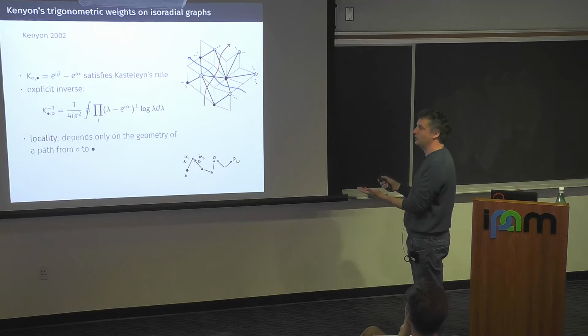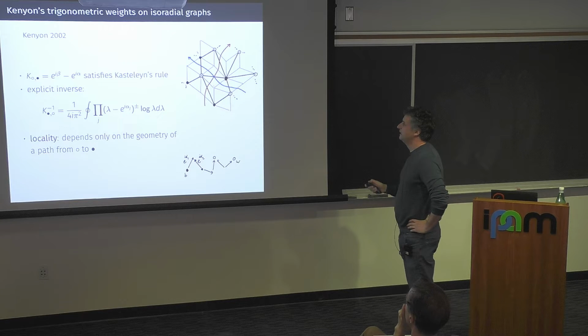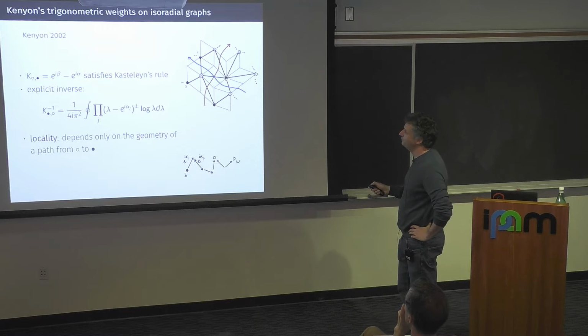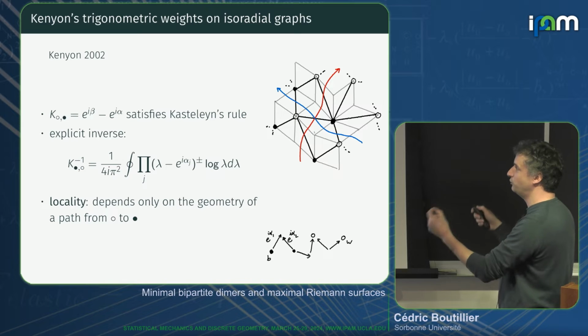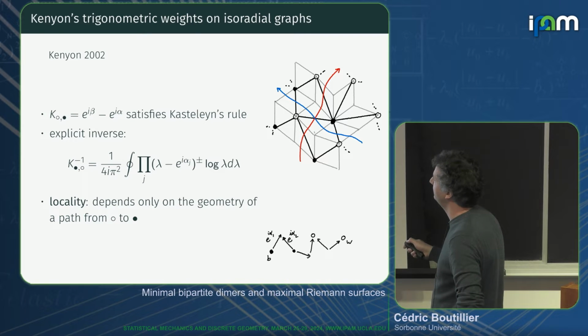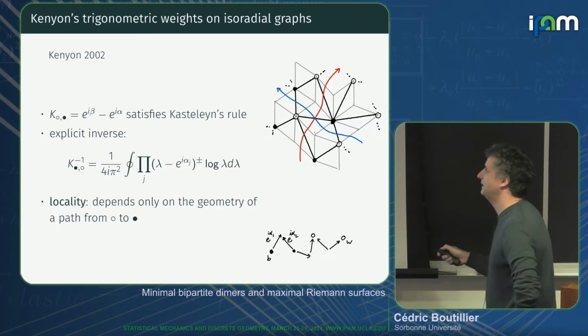And now I will construct my isoradial graph by taking one vertex of these rhombi, and deciding that this will be a vertex of my graph. And then I draw the diagonals of the rhombi, and this will give me new vertices of my isoradial graph.